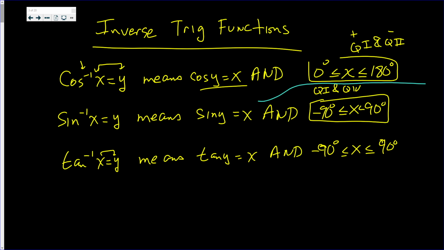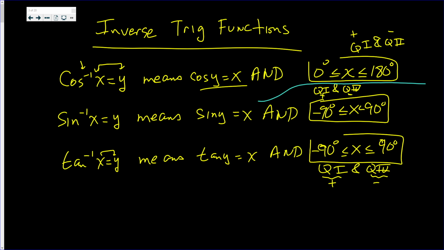In quadrant 1, the sine is positive, and in quadrant 4, the sine is negative. Negative 90 to 90, once again, it's in quadrant 1 and quadrant 4. In quadrant 1, the tangent is positive, and in quadrant 4, the tangent is negative.